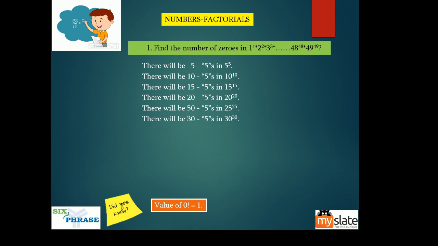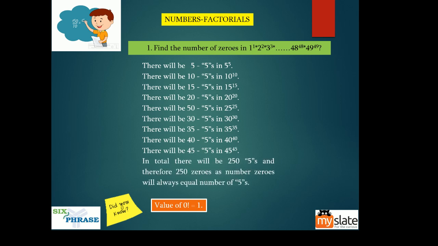Then you will have 30 5s in 30 power 30, 35 5s in 35 power 35, 40 5s in 40 power 40, 45 5s in 45 power 45. So this ends in 45. In 46, 47, 48 and all you don't have any 5s. So in total there will be 250 5s and therefore 250 zeros, as the number of zeros will always equal the number of 5s. You add them all, you will get 250.